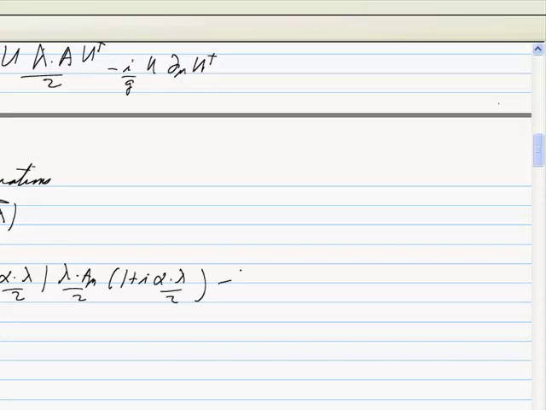And this, the gauge piece, is I over g times the derivative of I alpha dot lambda over 2.